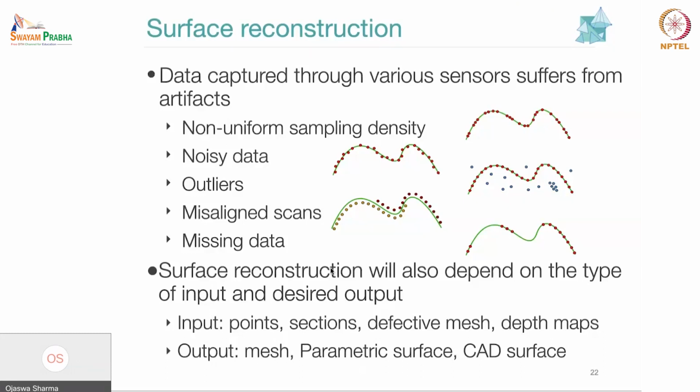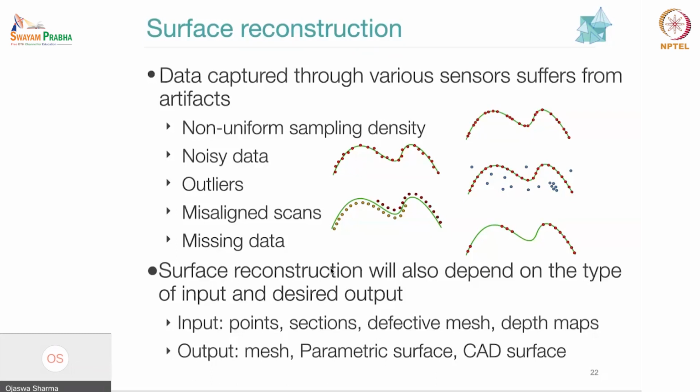So there are different limits of these sensors. Then there may be outliers in the data. So points that do not really belong to the surface, but are still captured because of sensor errors, or some temporal incoherence in the lighting conditions or anything else.